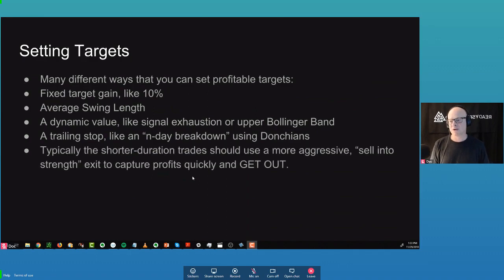The shorter duration trades, if you're doing swing trades or intraday stuff, you should be more aggressive about getting your fair share and getting out. Sell into strength, which is going to feel weird, right?